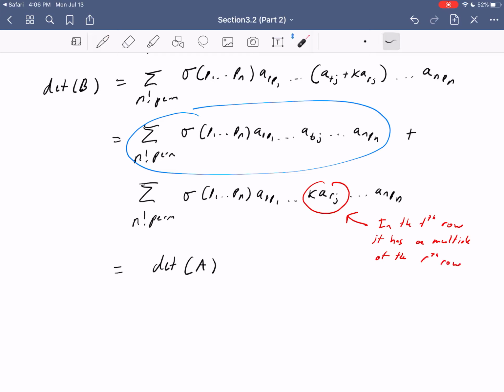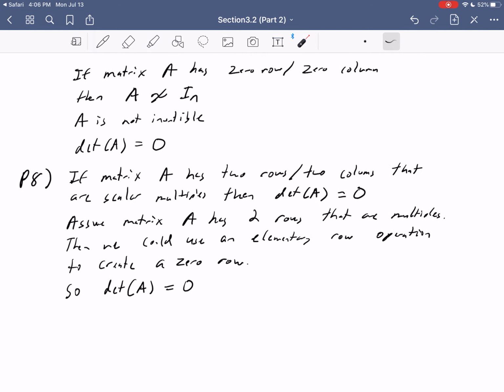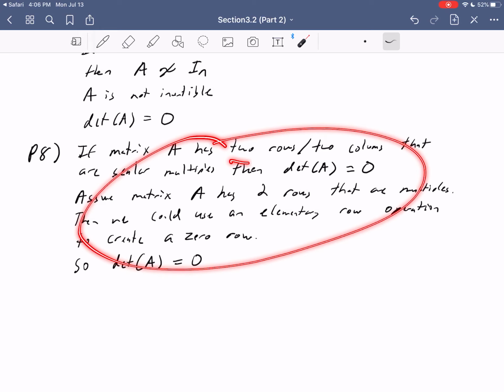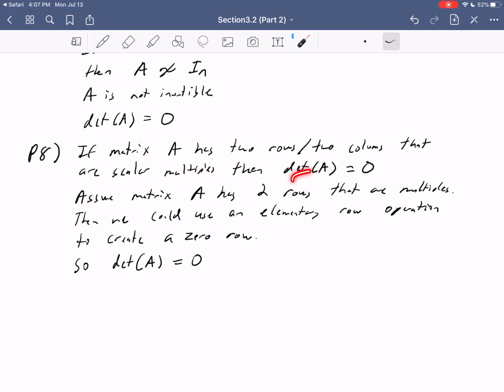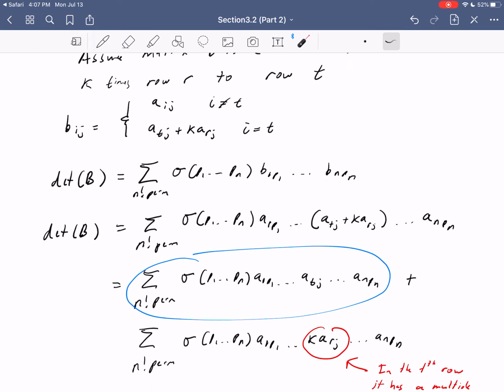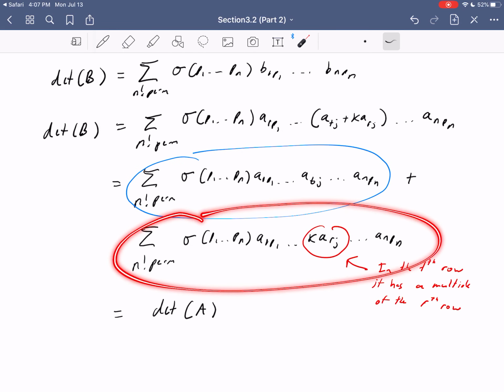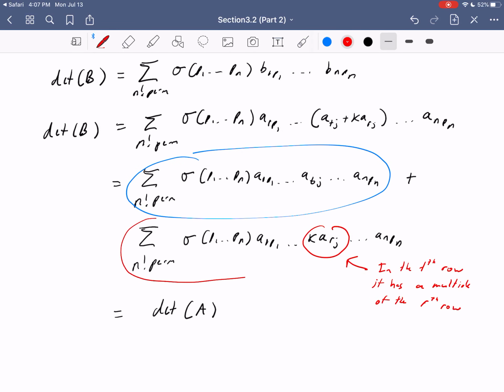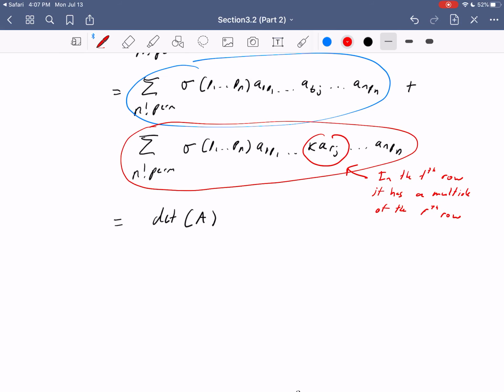So instead of having the actual teeth row of A, it has the multiple of the rth row. In other words, this is a matrix whose teeth row is just a multiple of its rth row. And we proved right here that if a matrix has two rows that are scalar multiples, then the determinant is 0. So this whole thing must have a determinant of 0. So this whole thing here is just going to be plus 0, because this is the determinant of a matrix who has a row that is a scalar multiple of another row.